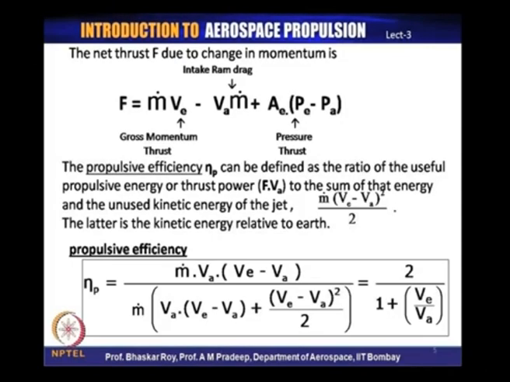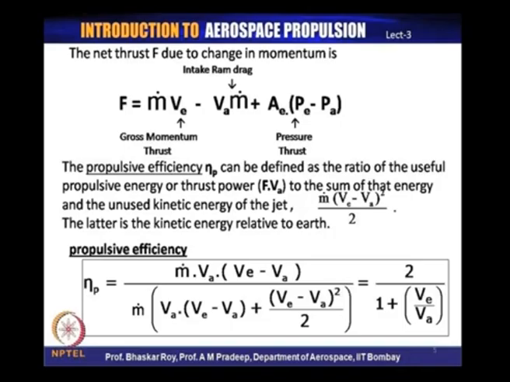Now, the engine designer has to be very careful in designing the nozzle to ensure that under no operating condition the exit pressure P e should be less than the atmospheric pressure P a, because if that happens, we are going to have a negative component over here, and we are actually going to get a negative thrust.